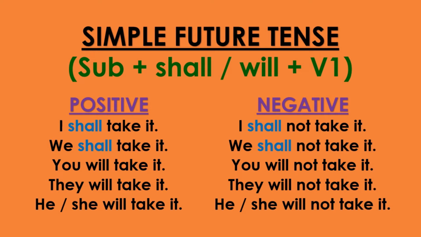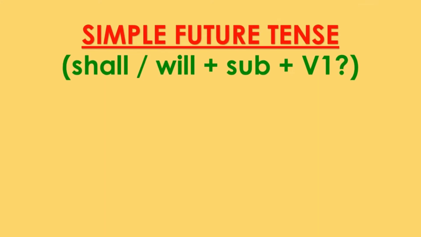Let us now see how we frame questions in simple future tense. Now because these are questions, they should begin with the auxiliary verbs, then will come the subject, followed by the first form of the verb. Therefore the structure is either shall or will plus subject plus the first form of the verb. Now let us look at some of the examples here.